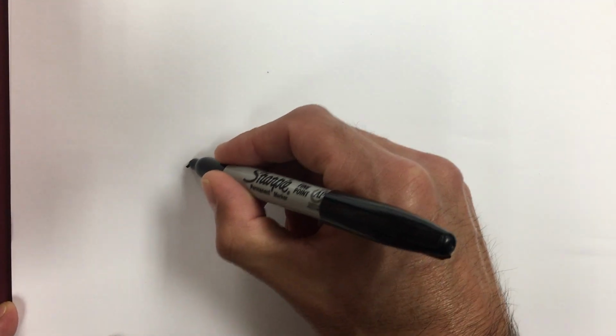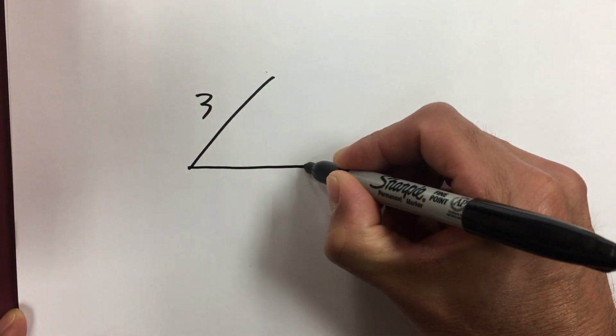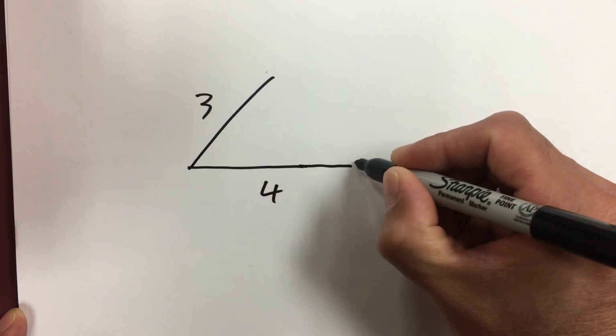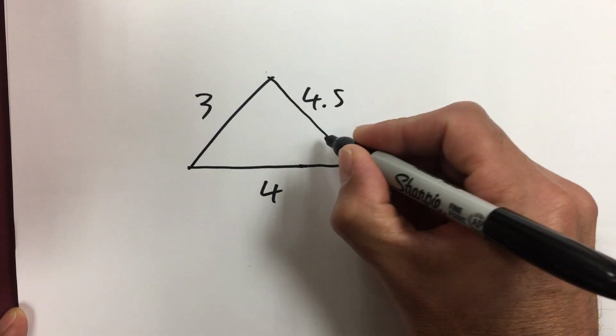I'm now going to show you how to use the cosine law in a situation where you know three side lengths and you're looking for an angle.